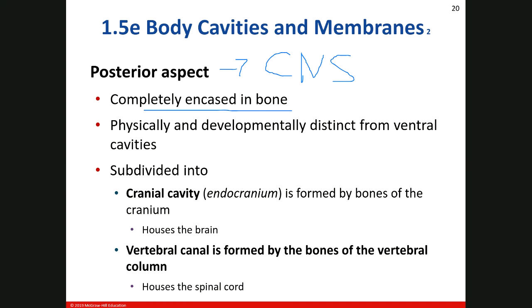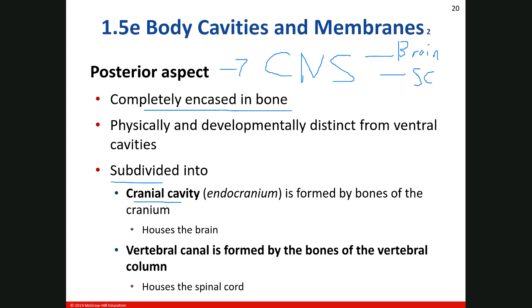The central nervous system is made up of two structures: the brain and your spinal cord. I'm not going to write out spinal cord, just call it SC. When we talk about the posterior aspect, we subdivide that into two subdivisions. The first one is your cranial cavity. What's that? Your skull. That's where your brain lives.